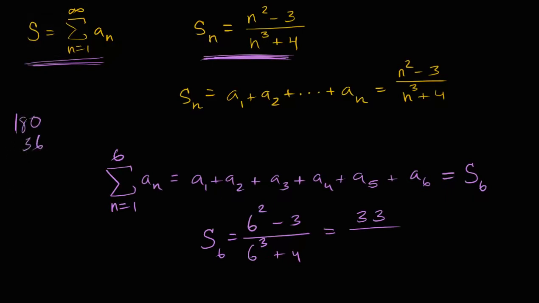Yes, it is 216. So I guess I have inadvertently, by seeing 6 to the third so many times in my life, memorized 6 to the third power. It's never a horrible thing to have that in your brain. So this is going to be 216 plus 4, so 220. So S sub 6, or the sum of the first 6 terms of this series right over here, is 33 over 220. And we're done.